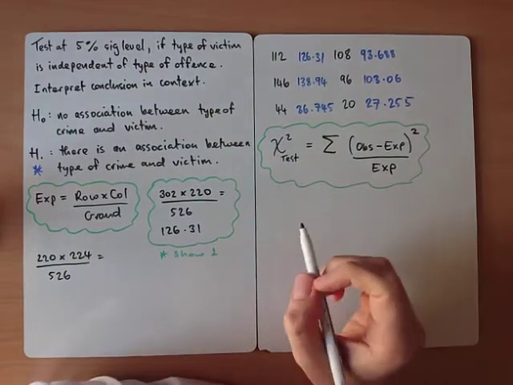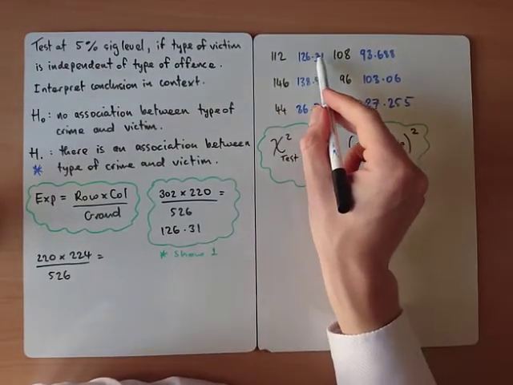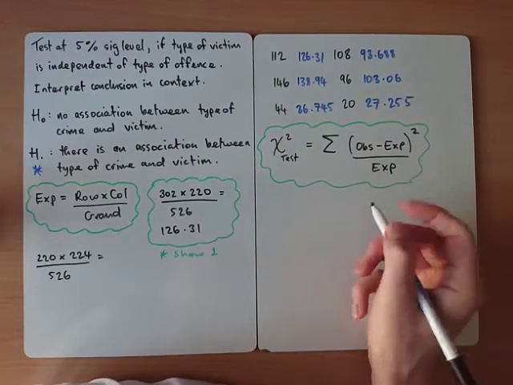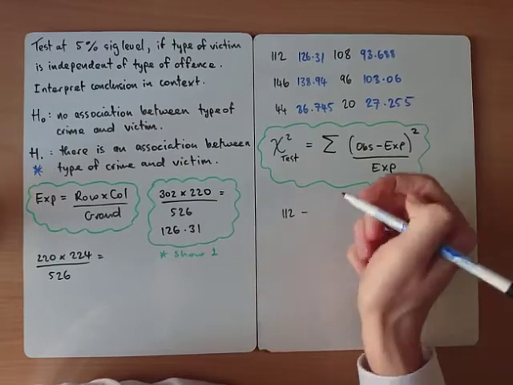Luckily the calculator will do this for us again, but let's show the calculation. We're going to pair these, and we'd have to do this calculation 6 times if we didn't have a graphical calculator. So the observed 112 minus the expected.